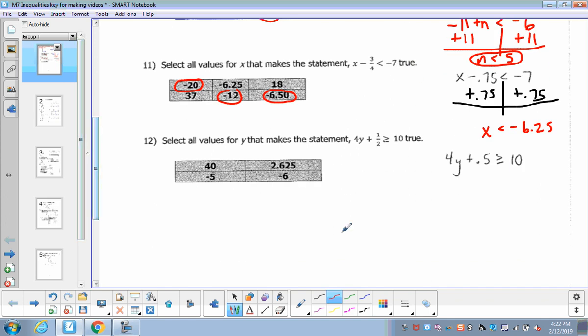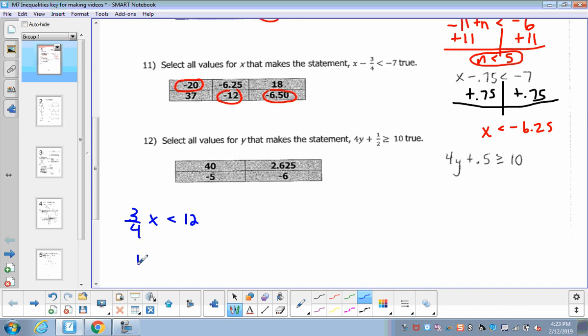Now for the last one on page 13, this will be the last one in this video, we have a 4y plus a half, and all I did was make that 1/2 a 0.5. I'm worried that a lot of you are going to mix up, when we have a constant here that's a fraction, I'm worried you're going to mix this up with a problem like if we had a 3/4 x is less than maybe, let's say, 12.